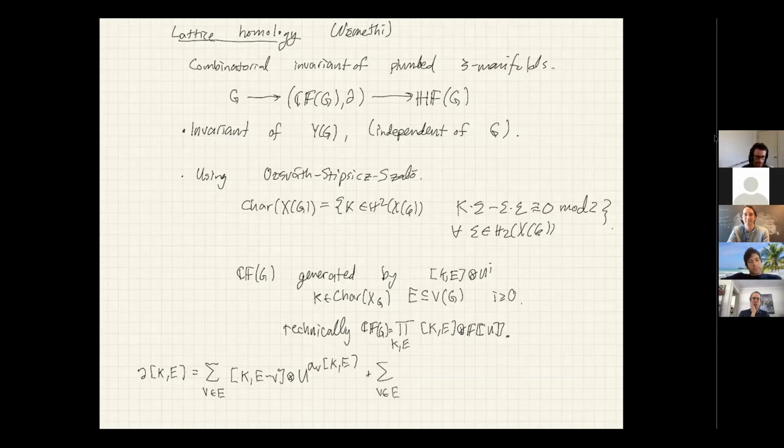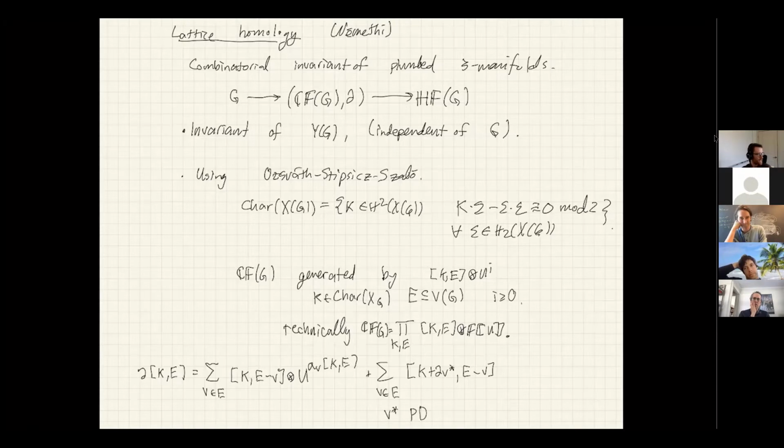The other way is a little bit more complicated. Instead, you also have to change K, the characteristic vector, and you do that by adding 2V star, where V star is basically the Poincare dual of the vertex.